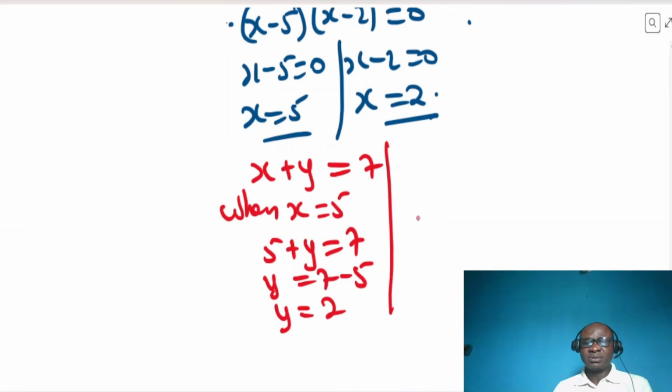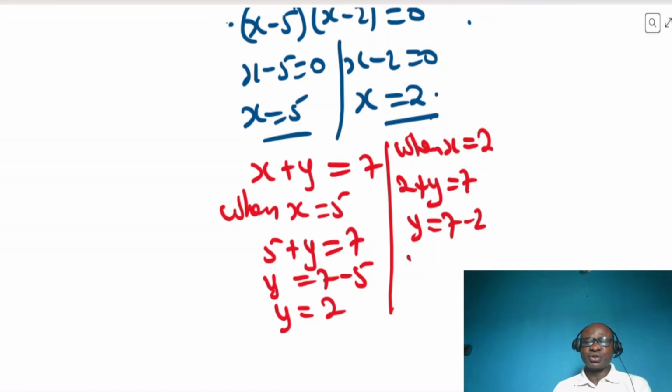And when x is equal to 2, I will have 2 plus y is equal to 7, making y 7 subtract 2, and y now will be equal to 5.